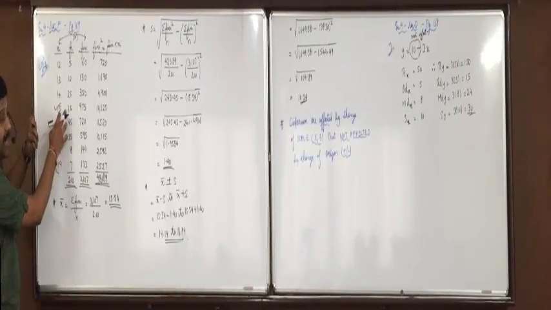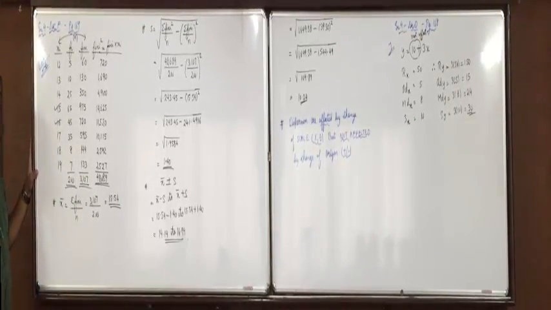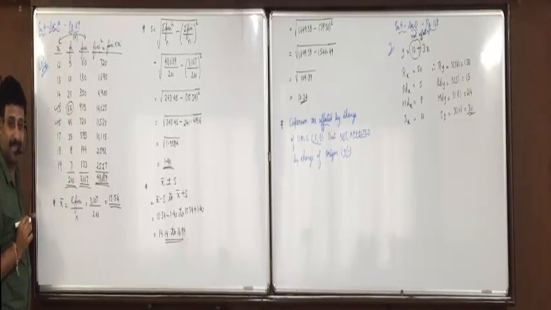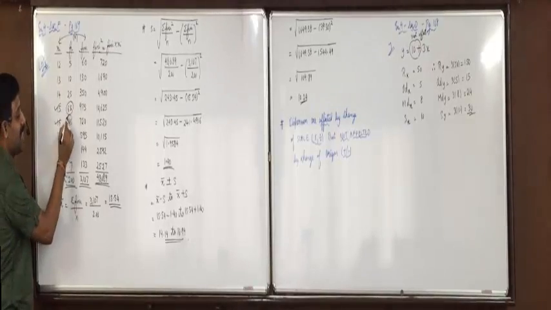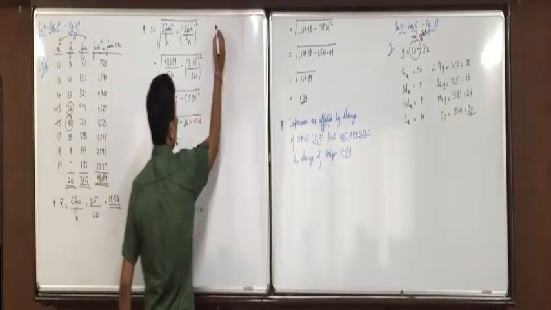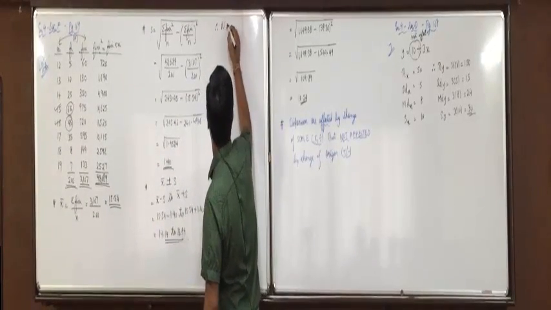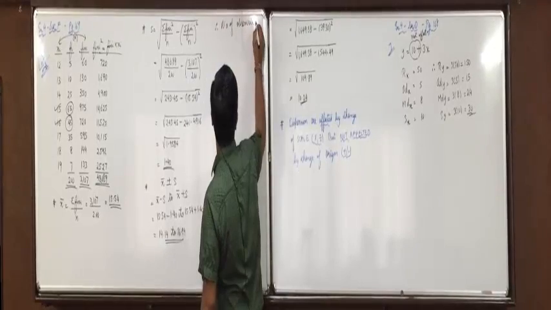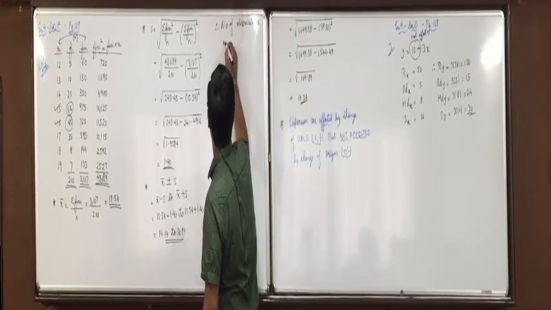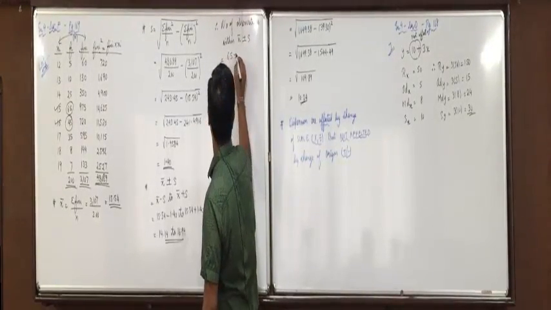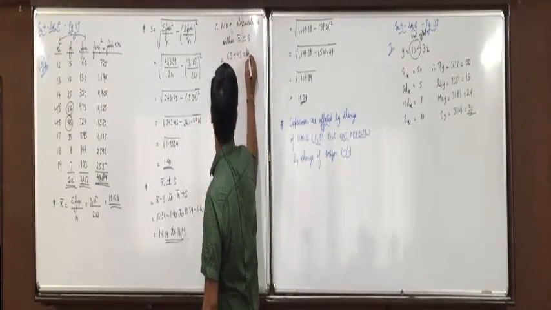Not 210. 15 is occurring 65 times. 16 is occurring 45 times. So what are the number of observations within x bar plus minus s? 65 plus 45, 110.